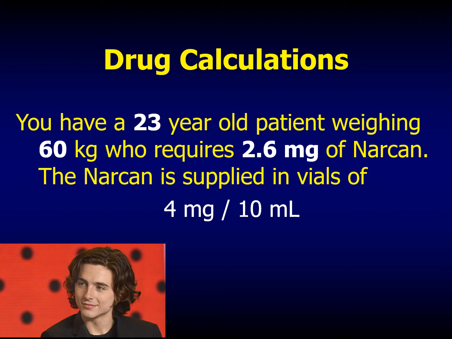Normally we wouldn't give Narcan to someone who is so obviously awake, alert and oriented, but we'll say he is not right now. As we've talked about before, there's 4 milligrams in 10 milliliters, which when we divide reads 0.4 milligrams per mil, a fancy way of saying 1 milliliter. So 0.4 milligrams in 1 milliliter.